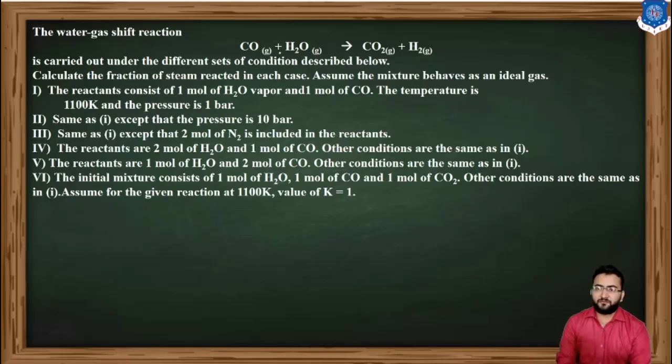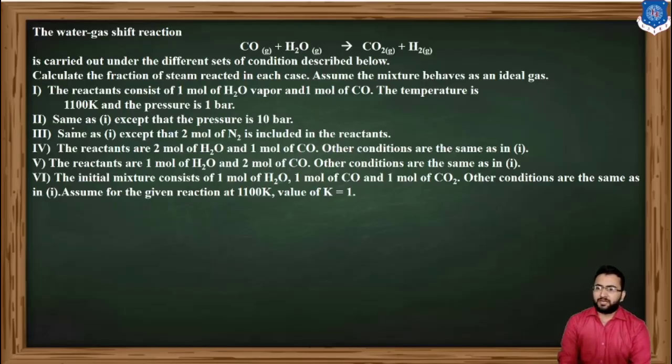The water gas shift reaction, which can be given by CO plus H2O gives CO2 plus H2, is carried out under different sets of conditions described below. First, the reactant consists of 1 mole of H2O vapor and 1 mole of CO. The temperature is 1100 Kelvin and pressure is 1 bar.